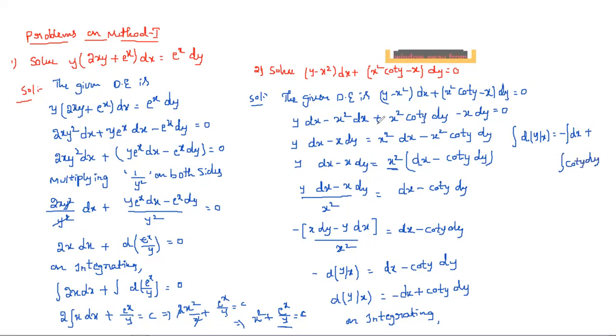The integral of d(y/x) is nothing but y/x, which is equal to −x, and the integral of cot y, cot is nothing but cos y by sin y. So y/x = −x + ∫ cos y / sin y dy.